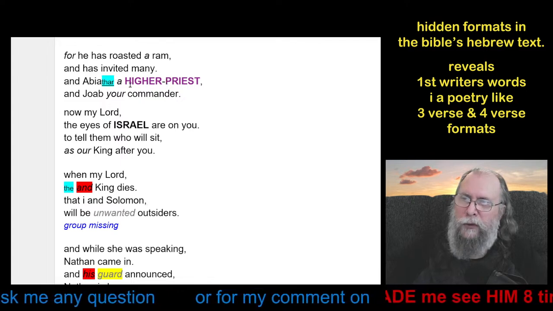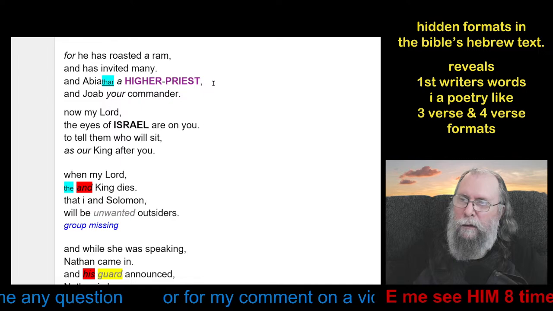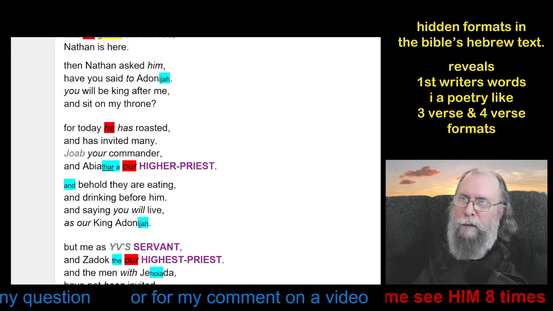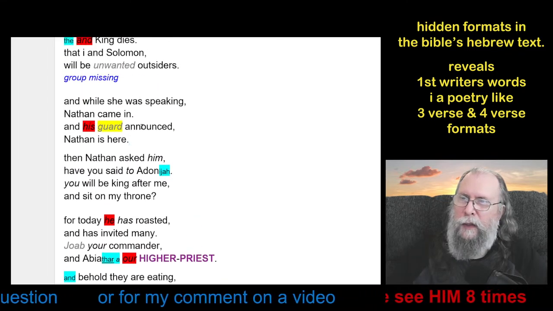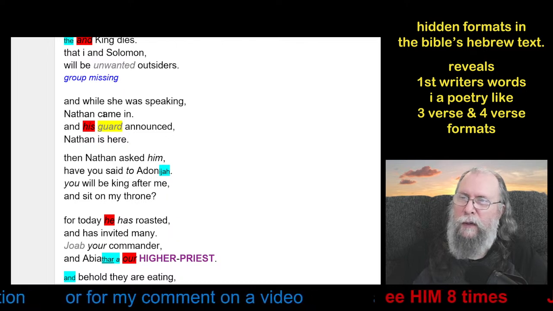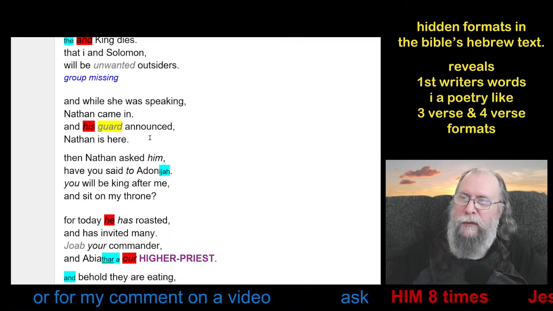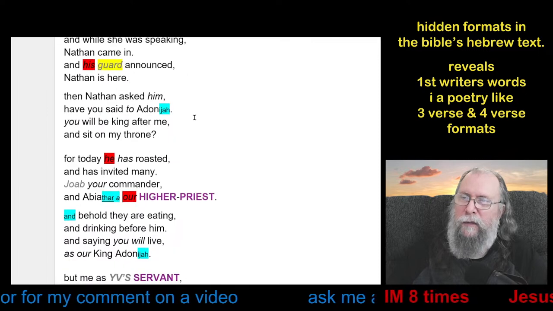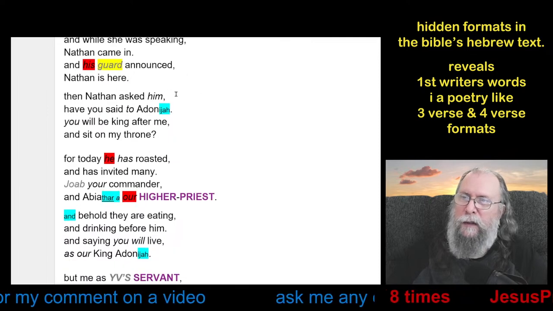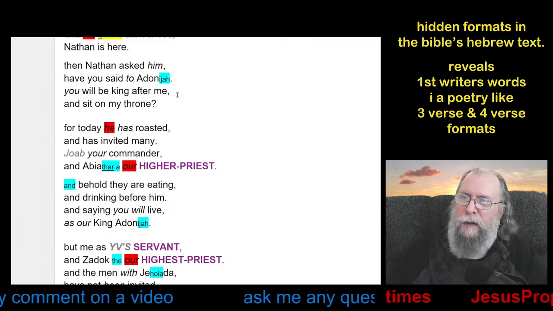Yeah, I forgot to shorten it up here. So I needed a third here, so it would have been the guard that would announce. This was when David was lying in his bed, getting sicker and sicker.